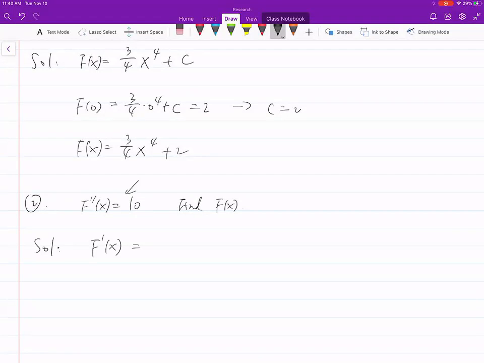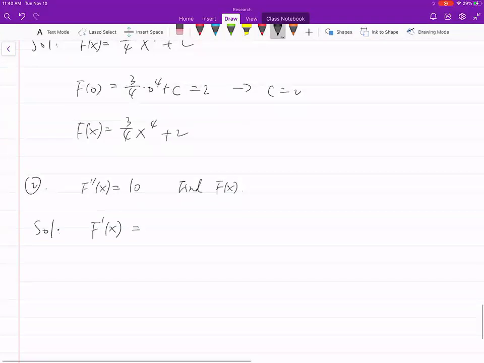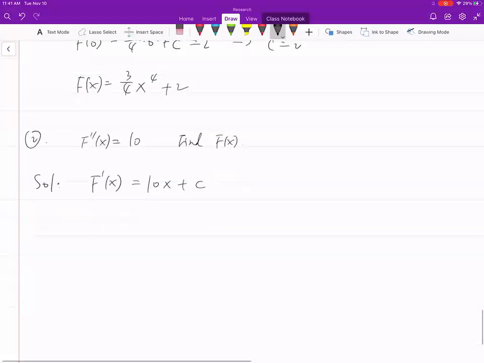Good so far? Okay. What's the antiderivative of a constant? That's just going to be the constant times x, plus a c. You take the derivative, you got 10. Good so far? Can you do this now, by taking the antiderivative of this?